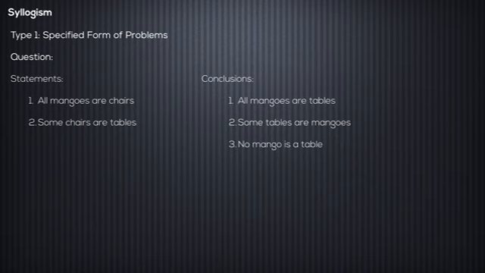Now let's go through some solved examples. Type 1. Specified form of problems. Question. The statements are: all mangoes are chairs, some chairs are tables. And the given conclusions are: all mangoes are tables, some tables are mangoes, and no mango is a table. Solution.